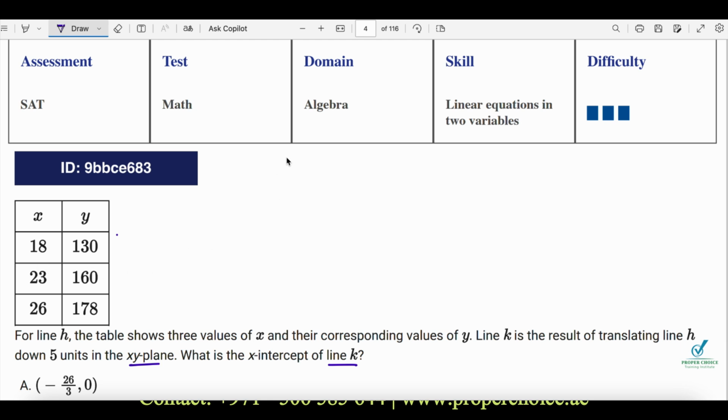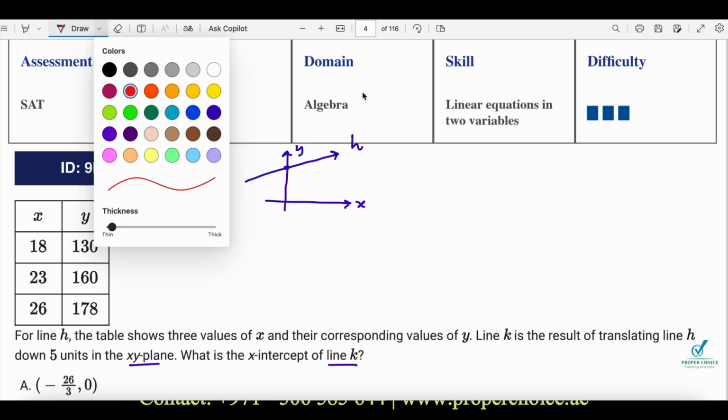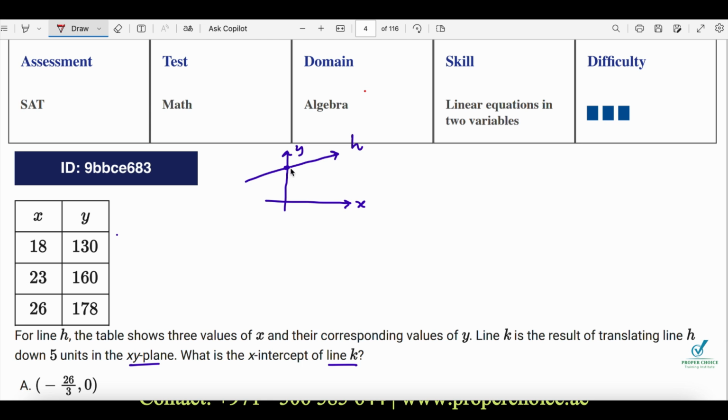So if I represent it in terms of a graph, suppose this is what I am representing as the x and y coordinates, and let's assume that line H is like this, whose equation I can find by using the coordinate points, and this is the y-intercept of line H. When I say that line H has been translated 5 units down, the translated lines are always parallel to the original.